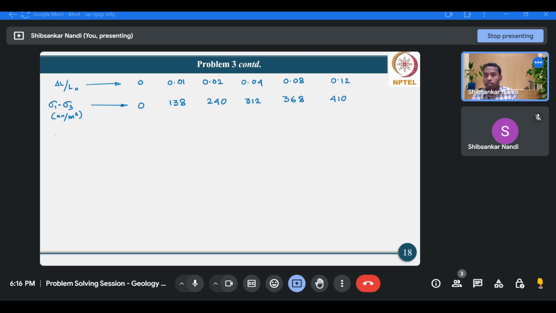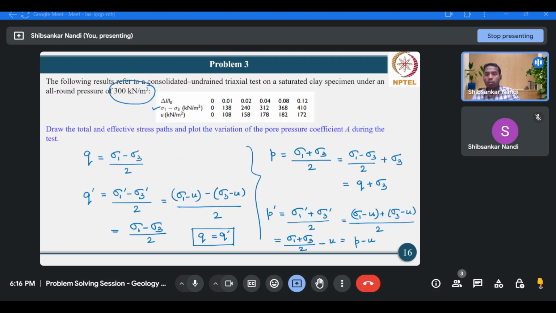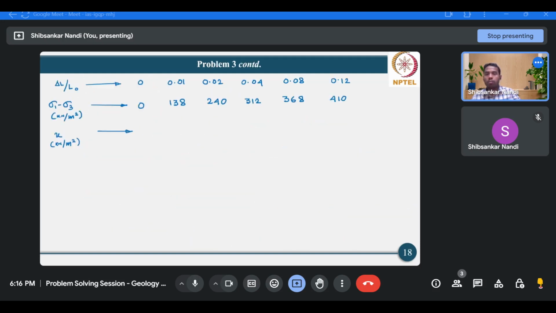And then the pore pressure u: 0, 108, 158, 178, 182. So these are the given data.